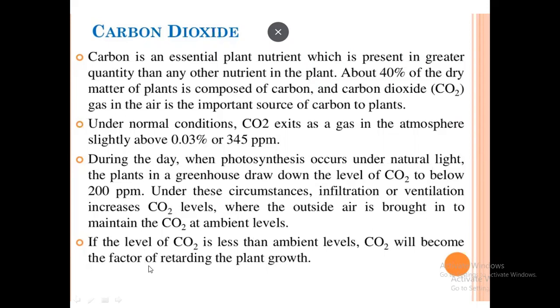Why? Because CO2 will not be available to complete the photosynthesis reaction. That is why the CO2 concentration in the structure is enriched with ventilation, and that is why ventilation is essential in the greenhouse structure.